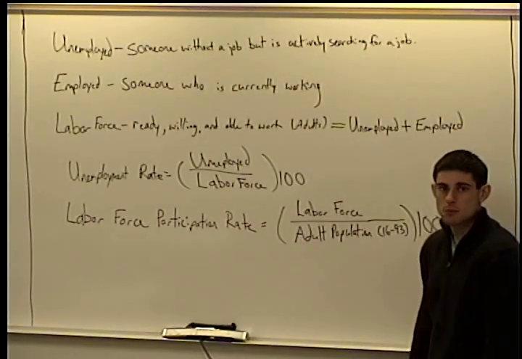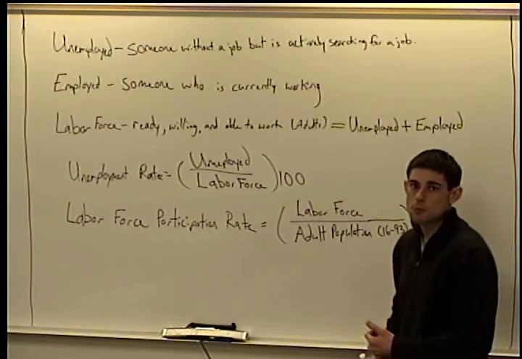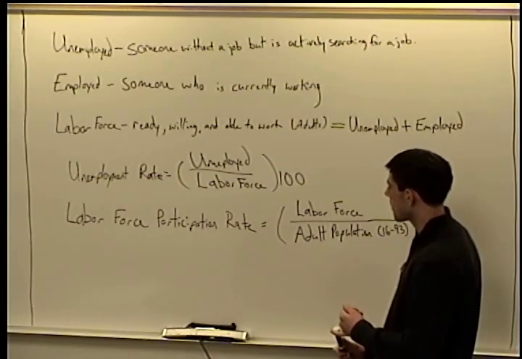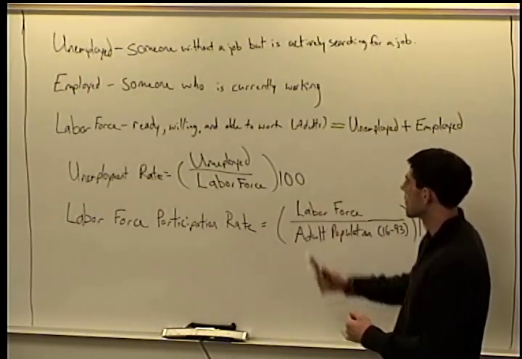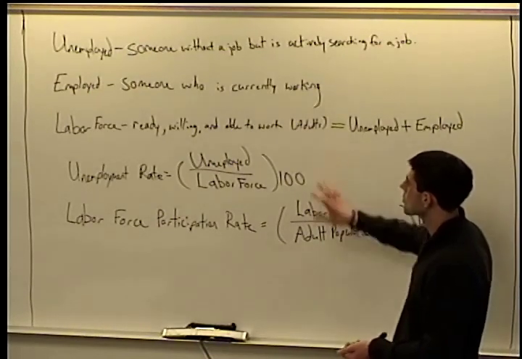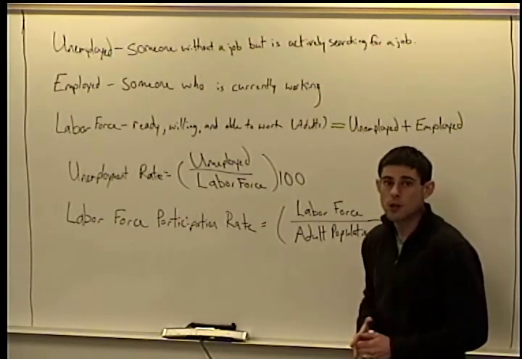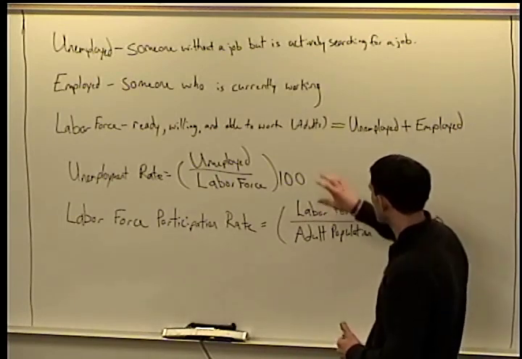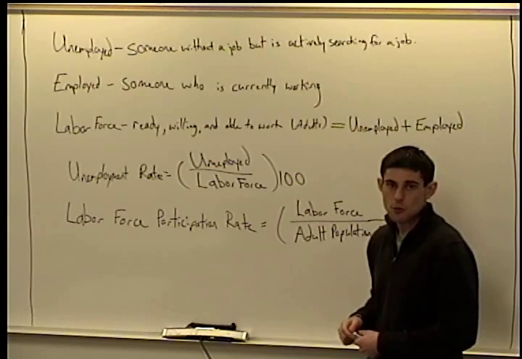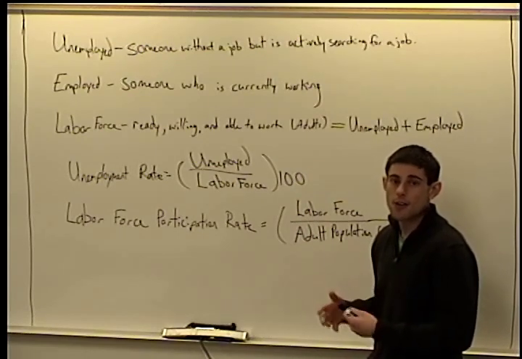But they also hide some of the facts, so they don't tell us the number of new payrolls created every month, which is an important number, which a lot of companies and businesses pay more attention to than the unemployment rate. And then the second one is it doesn't include discouraged workers, and I think that's the main problem with the unemployment rate. Discouraged workers really bias that rate downwards when it should be considered higher than it truly is.